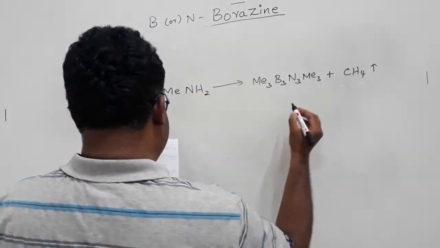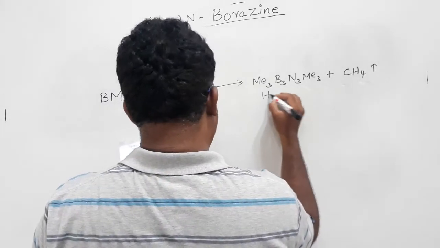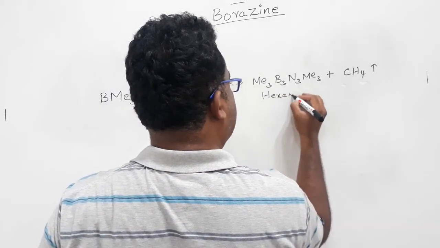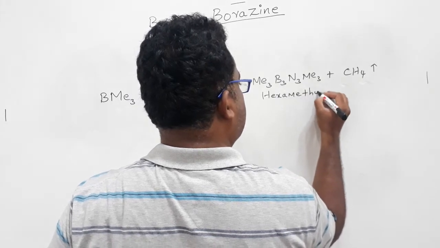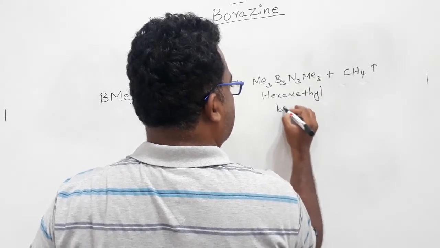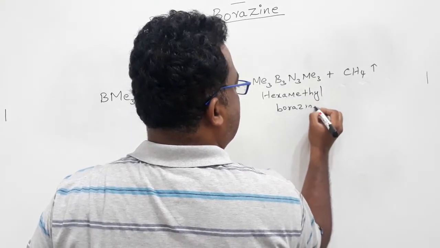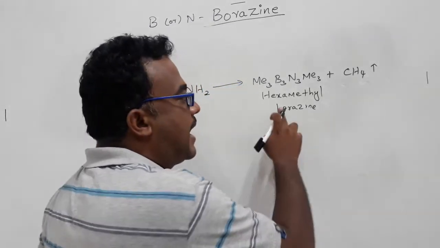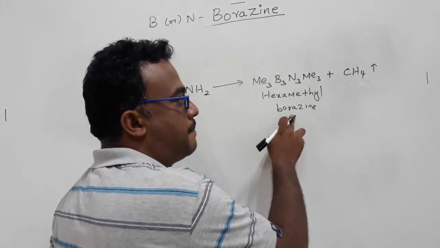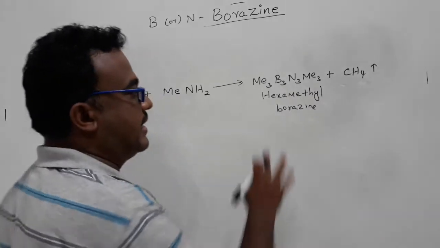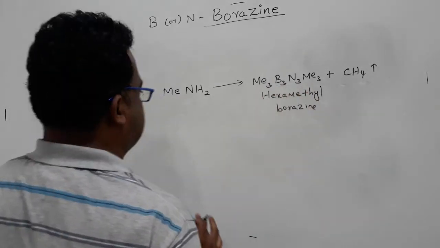This one will be called hexamethyl borazine. What does it mean? In borazine, all the hydrogen atoms are substituted by methyl groups. You can get the hexamethyl borazine.